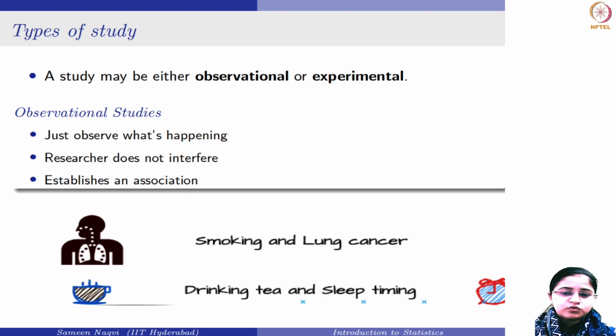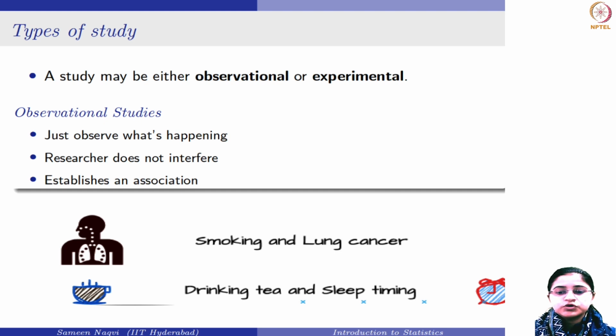Now, suppose you find that smoking is prevalent in the group of individuals who had lung cancer. In that case, what you can conclude is that smoking and lung cancer are associated with each other, because you have considered an observational study.